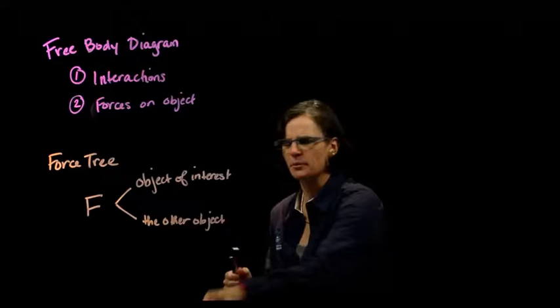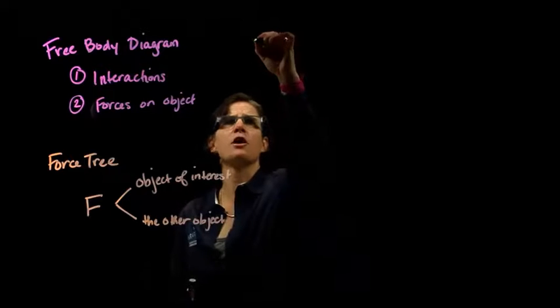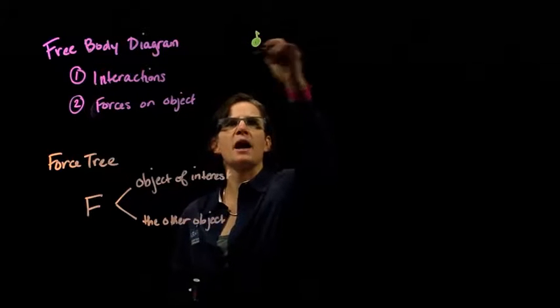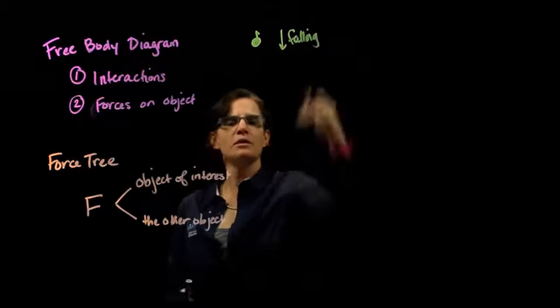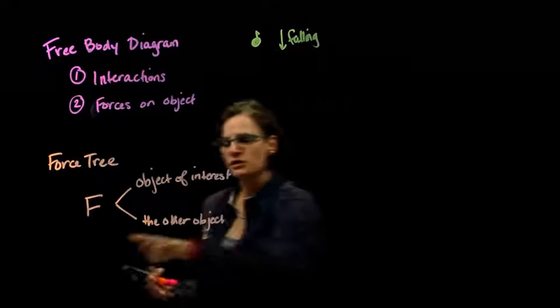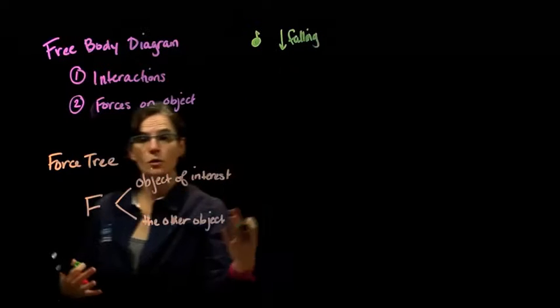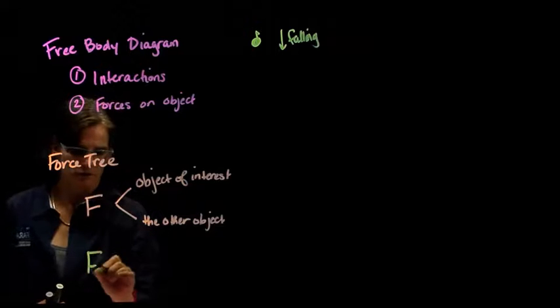So, for example, let's say an apple is falling through the air. So there's my apple and it's falling. Why does the apple fall? Well, because of gravity. So if I were going to represent the force acting on that apple, it would be our force of gravity.